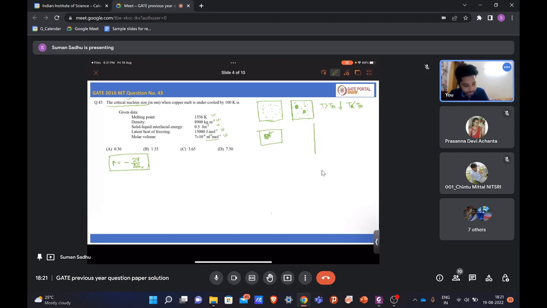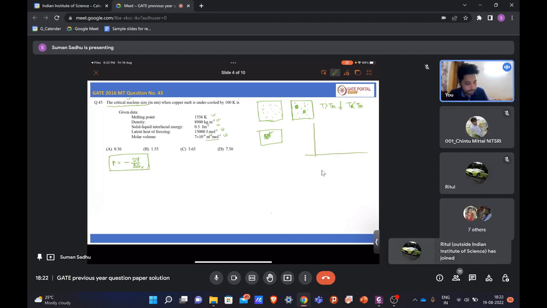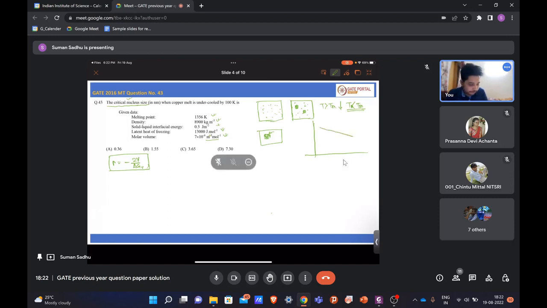Now, why does the liquid form solid if you go below Tm? Because if you draw the free energy versus temperature diagram, this is G versus T, with T increasing along this axis. This is the melting temperature Tm, with G liquid and G solid.